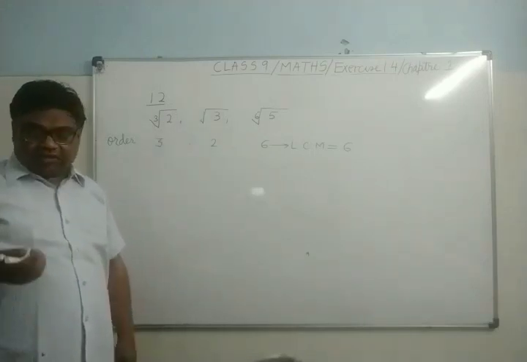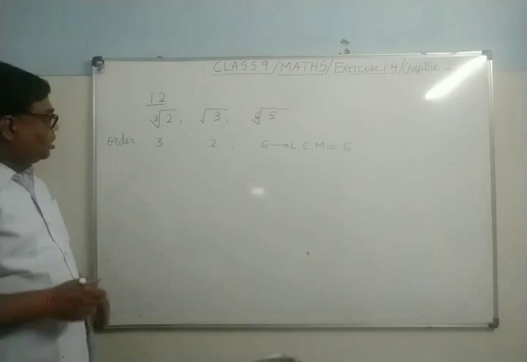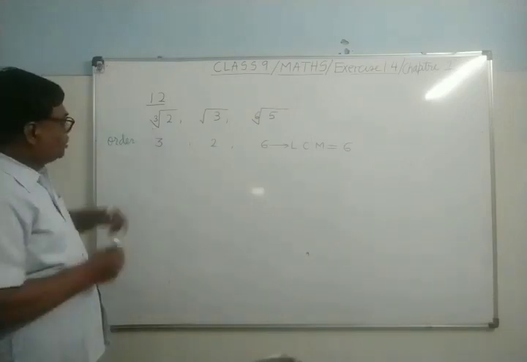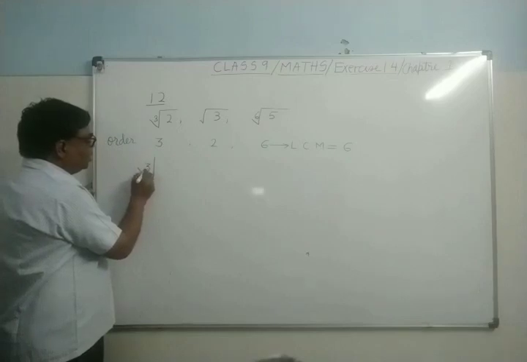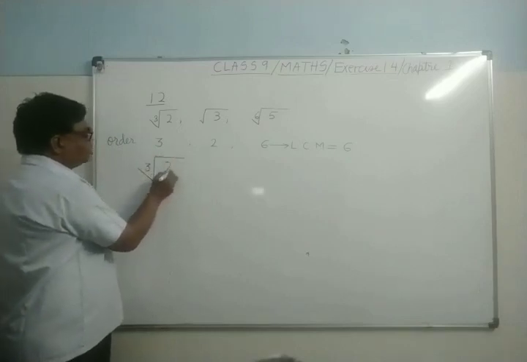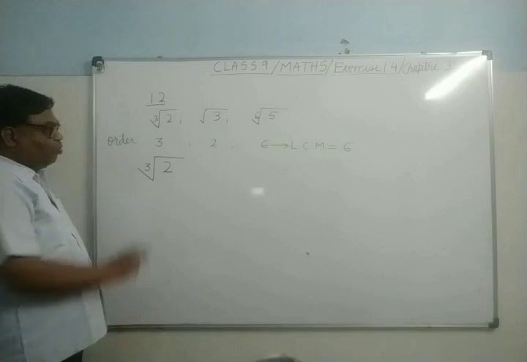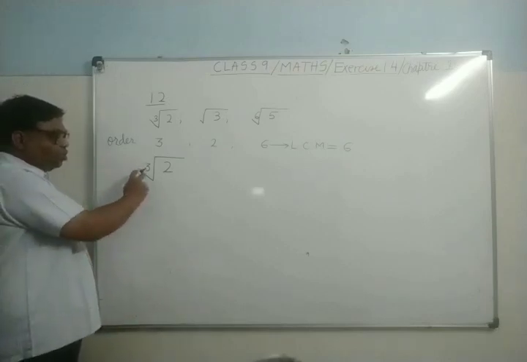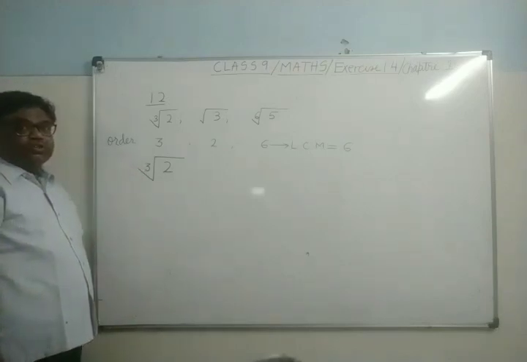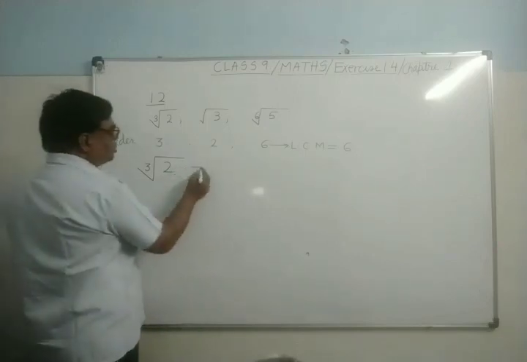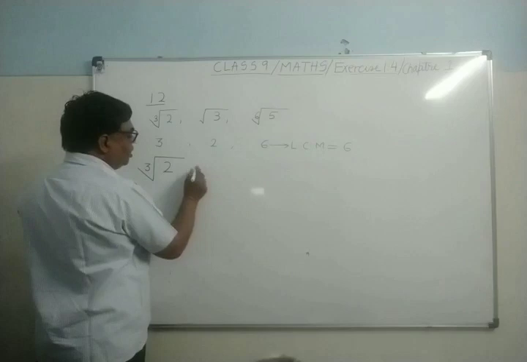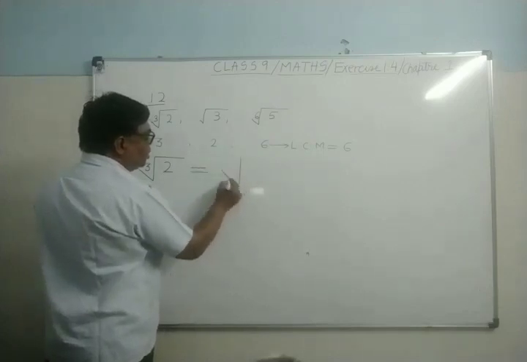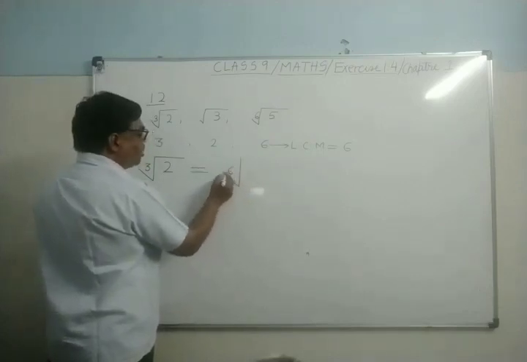Is it clear? It means you have to make it order 6. How will you make it? You see here, cube root 2. How will you make 3 into 6? By multiplying by 2. Is it clear? You multiply by 2, so it will become 6.